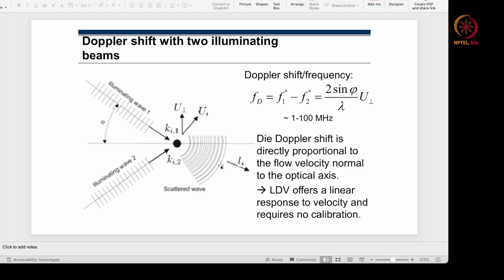So what happens over here? If you consider one beam, you have a frequency shift of f1 double prime. If you have the second beam, you have a frequency shift of f2 double prime.